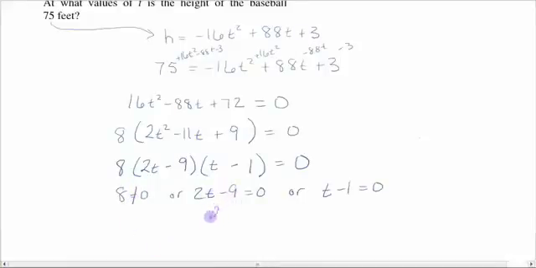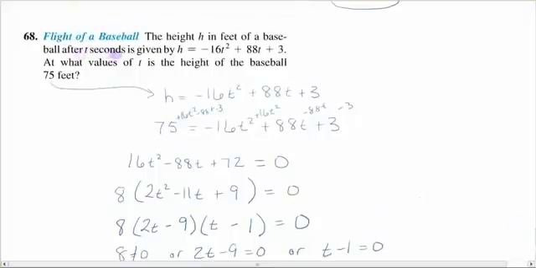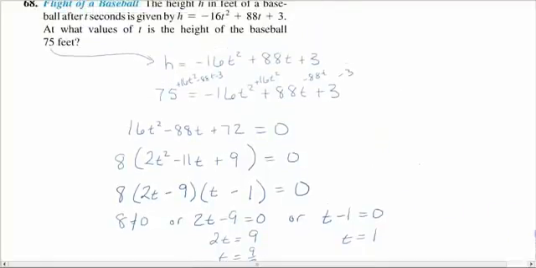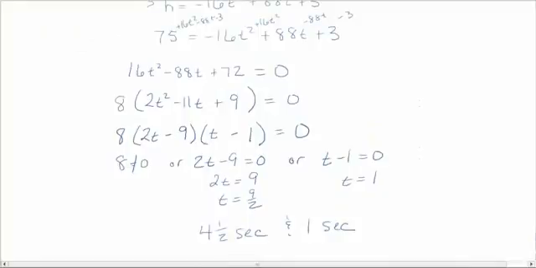And this one, let's see, 2t equals 9, and t equals 9 halves. Or this one, t equals 1. So it looks like, as far as time, we're doing seconds, after 4.5 seconds, and at 1 second, the height of the ball has reached 75 feet.